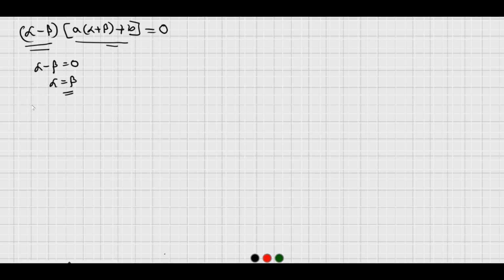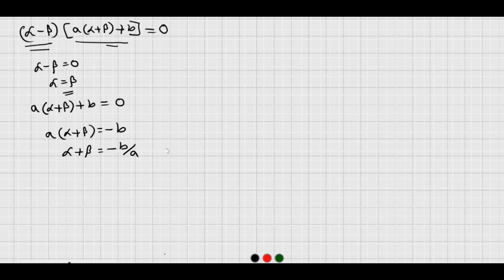The other case: a into alpha plus beta plus b is equal to 0, then also it will become 0. Here I am taking b to the other side. Alpha plus beta is equal to minus b, so alpha plus beta is equal to minus b by a.